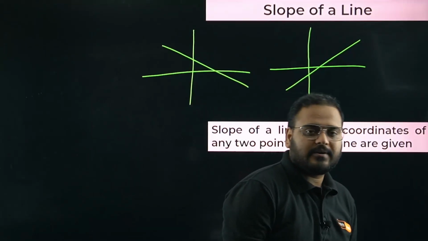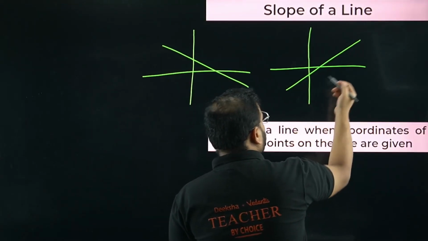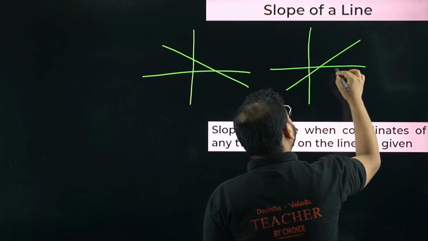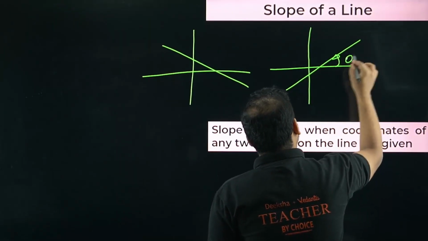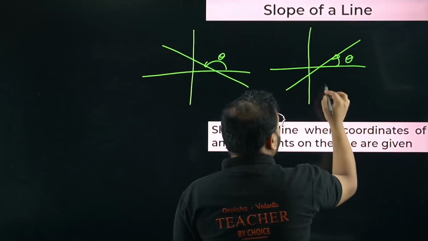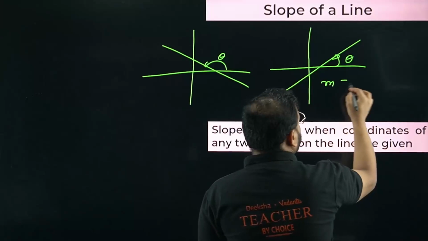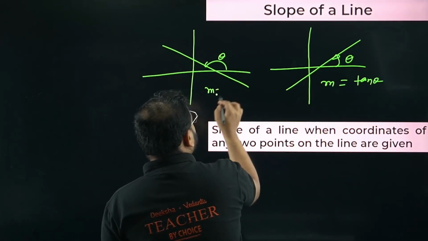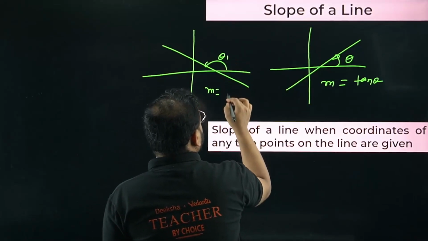In this case, if you check the angle with the x-axis, taking the counterclockwise direction, you get this as theta, and this as theta as well. The slope, given by the variable m, is nothing but tan theta.